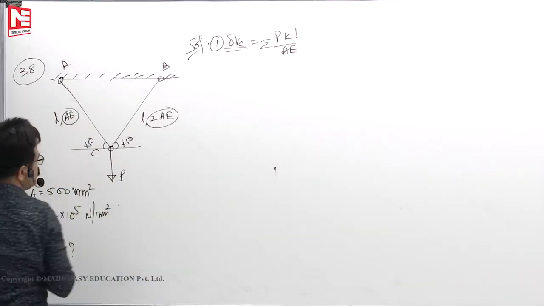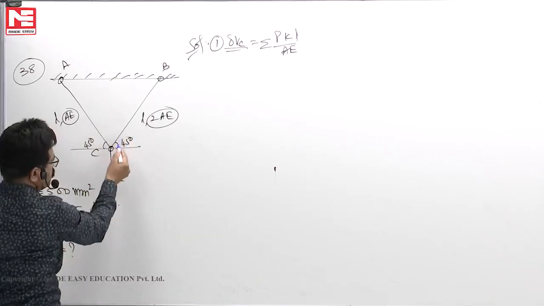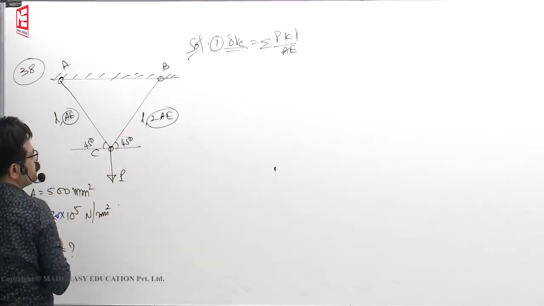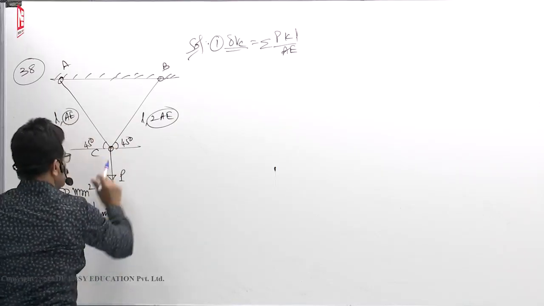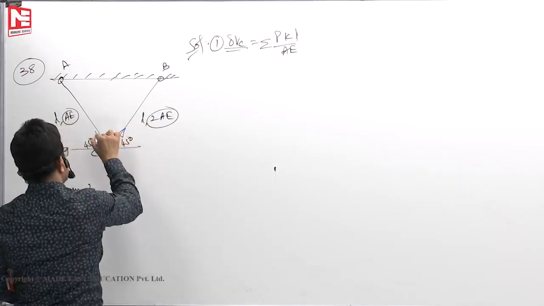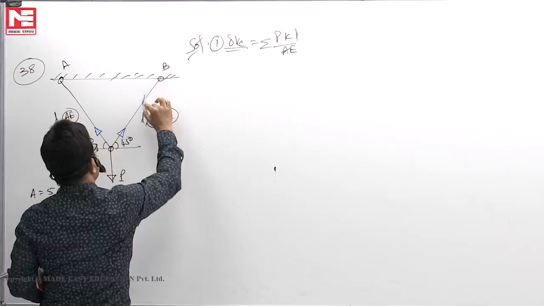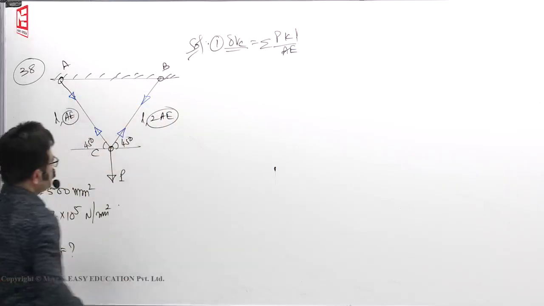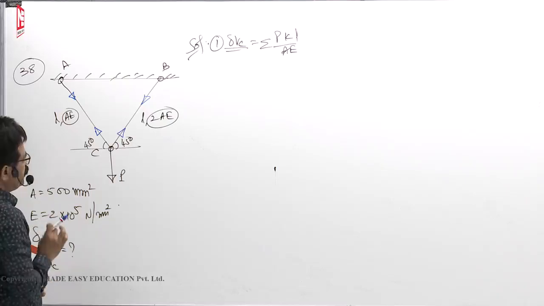Now you see, when you take sigma x equal to 0, the summation of both forces must be 0, which means these two forces must be equal. When I pull it down, the forces should be away from the joint. Away means here also away, away from the joint. Now it is symmetrically loaded.